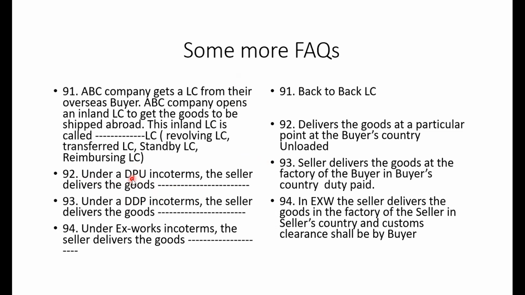DPU means Delivered at Place Unloaded. That means deliver the goods at the particular point in the buyer's country. D means not in the seller's country. Supposing goods are going to Australia, in Sydney, they will name the place. That place, the exporter has to see that the goods are delivered.